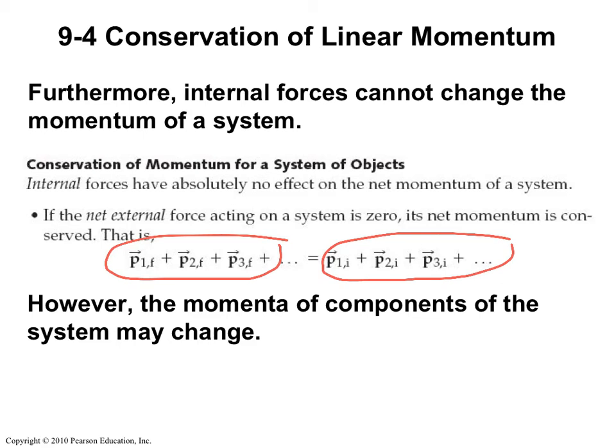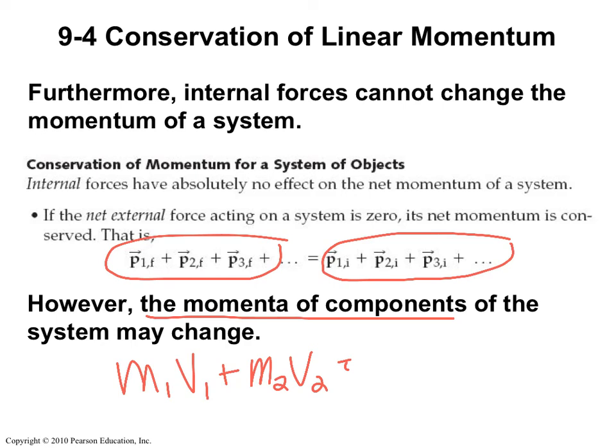Now, what does this mean? The momenta of the components may change. At the beginning, I might have mass 1 going at velocity 1. I also have mass 2 going at velocity 2. So that's my momentum 1 and my momentum 2.